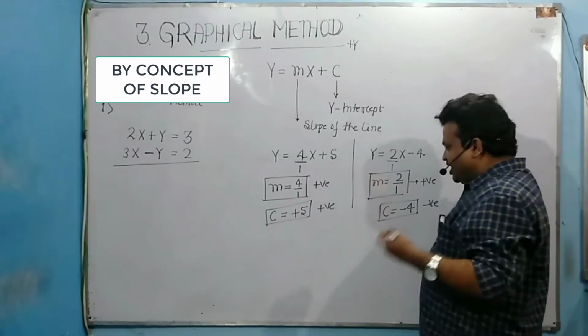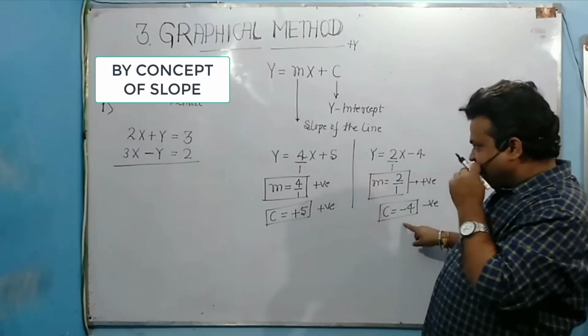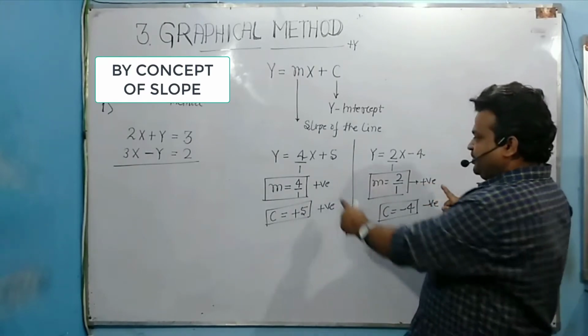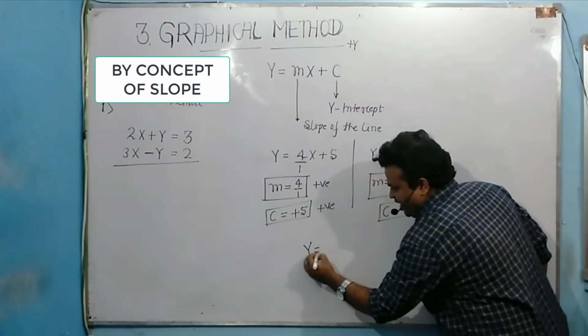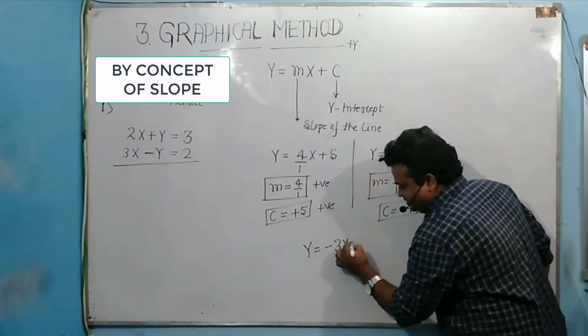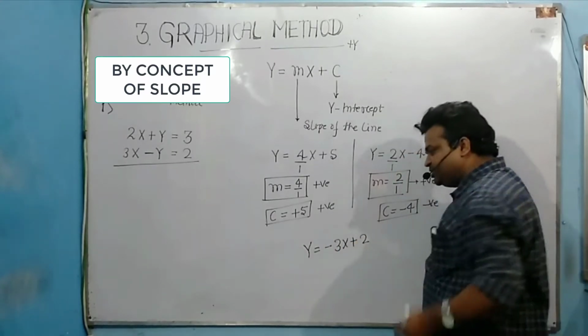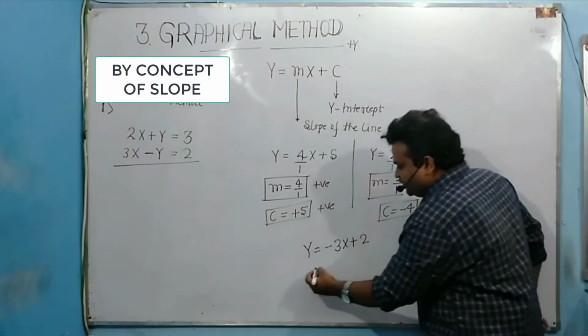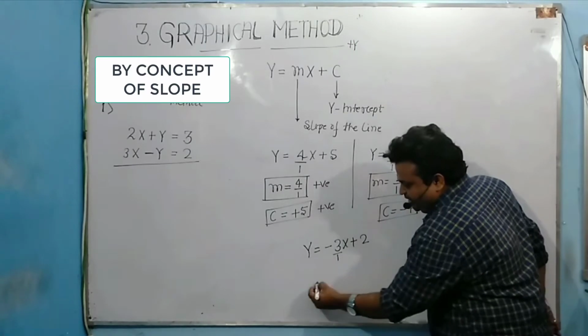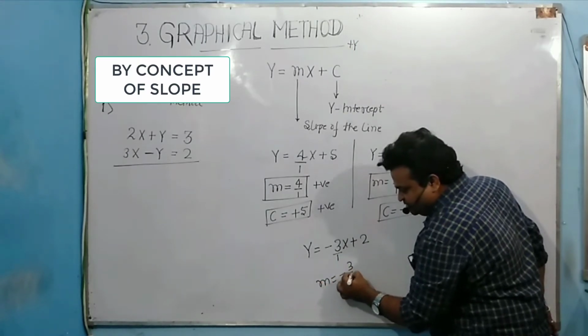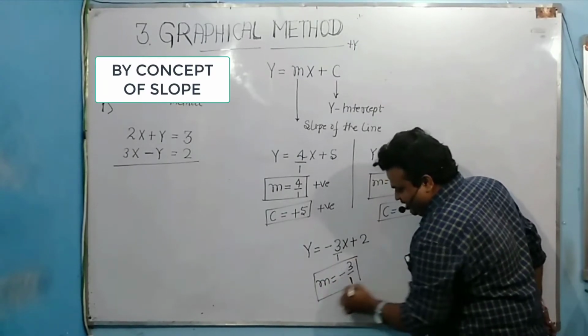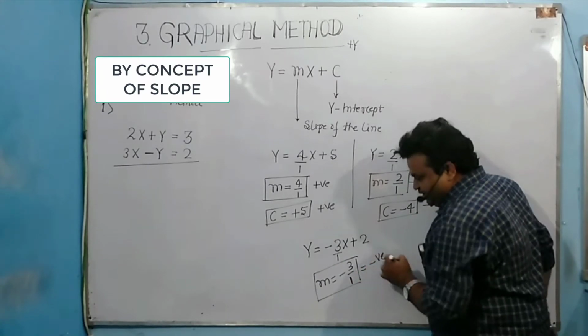Here c is positive, here c is negative. Where will you get m negative value? Suppose your y value is minus 3x plus 2. In this case, what is my slope? My slope, m value, is minus 3 by 1. So in this case, my slope is negative.